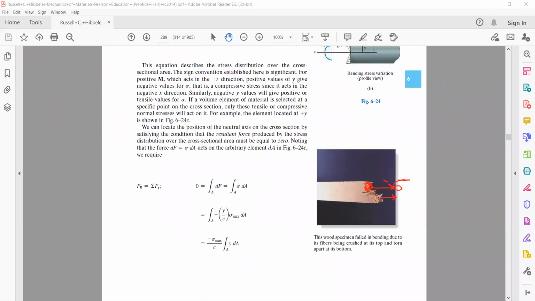First of all, physical inspection of this specimen is very important, because the way the specimen has failed, it's quite indicative that the fibers have been pulled apart, and pulled apart means each fiber has been subjected to some normal force. Normal force subjection means a normal stress. Now how much is the normal stress created? That's very important for us.